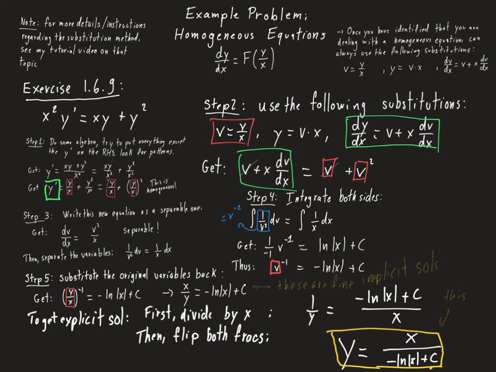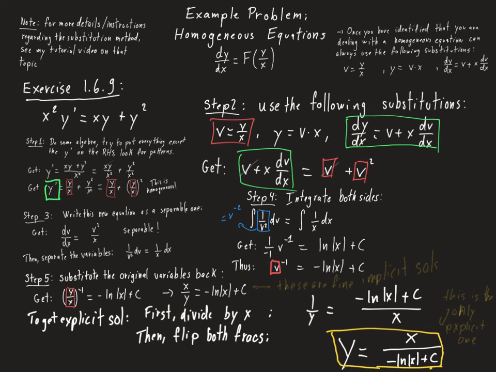But this is the only explicit one. All right. Hopefully that makes it clear what I expect you guys to show when you're working on a problem like this on the exam.